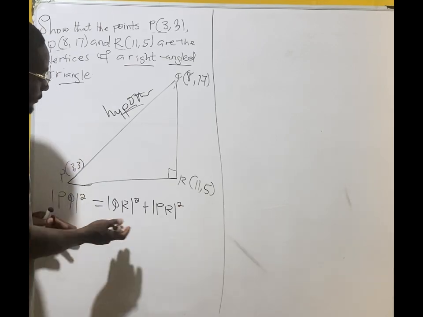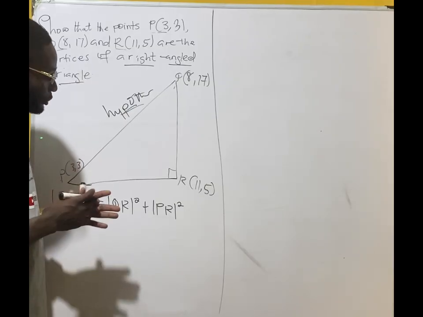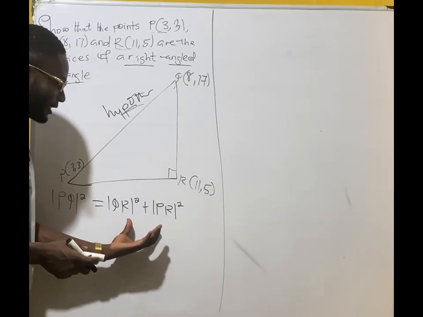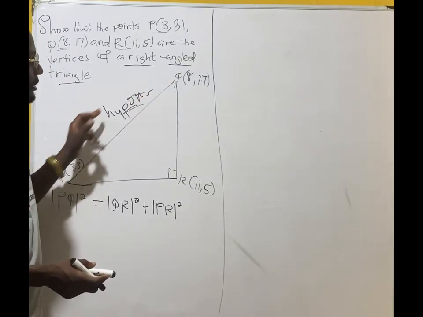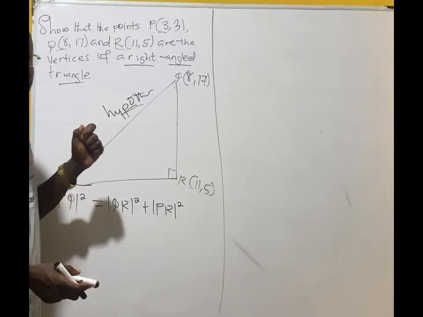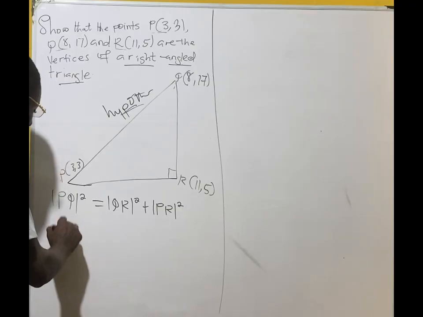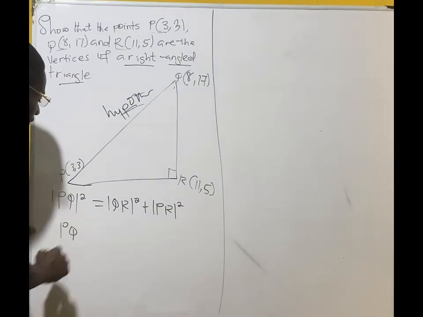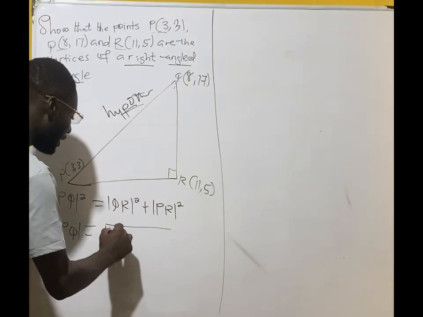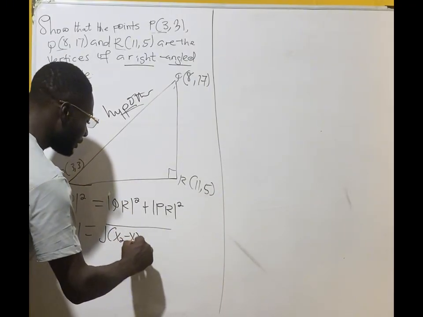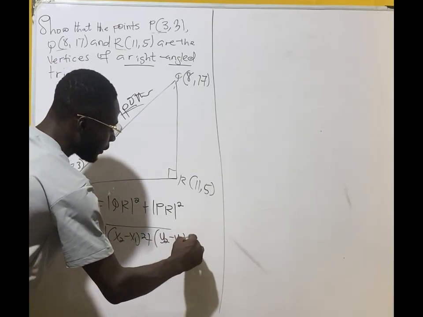Here we have to find the distances one after the other. Once we are done, we sum these two, and if indeed they are equal to this, then we can confirm that these vertices are for a right angle triangle. So here we go. Distance PQ equals the square root of (x2 minus x1) all squared plus (y2 minus y1) all squared.